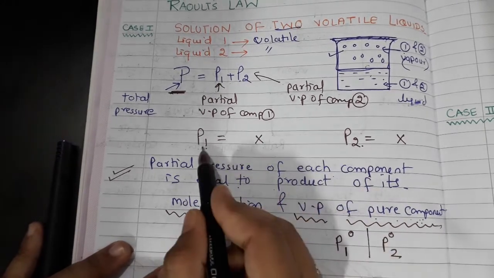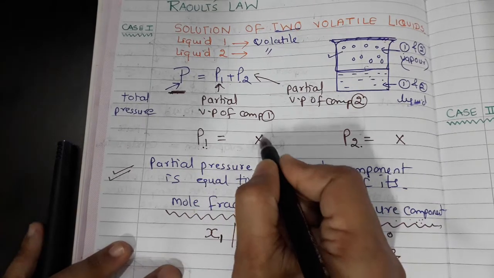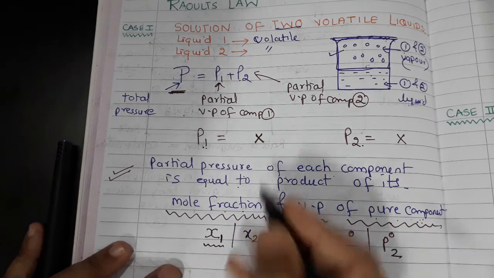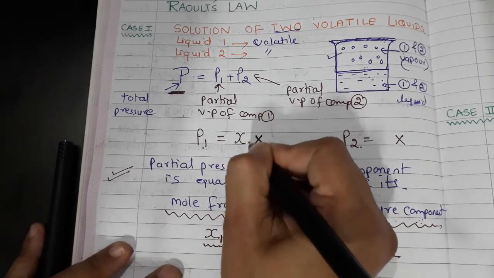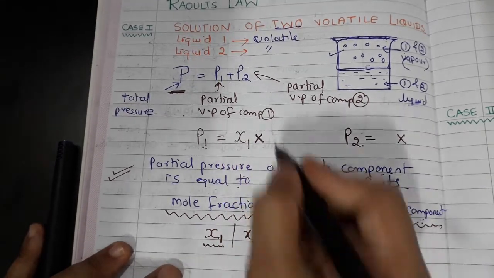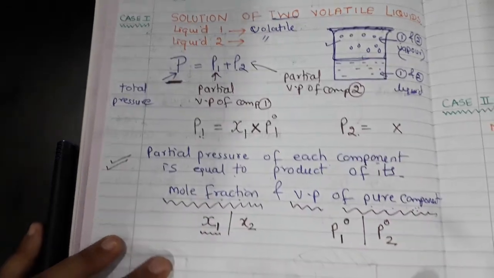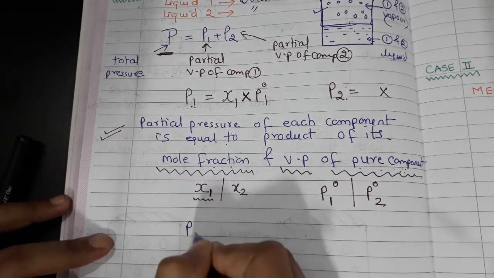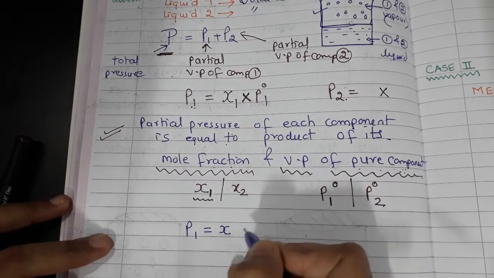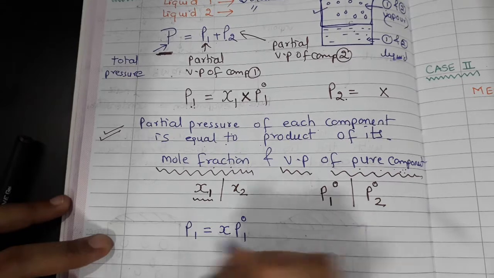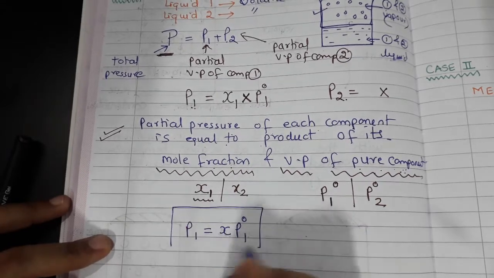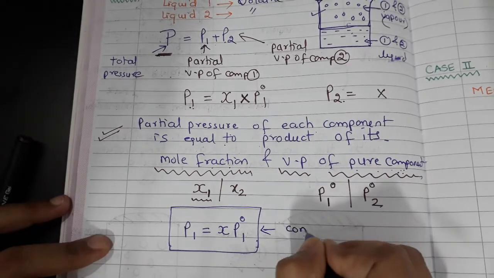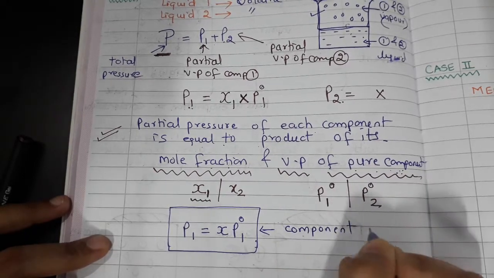If I have to write for P1, it is the product of mole fraction X1 multiplied by P naught 1. So I write this expression as P1 is equal to X1 P naught 1. So this is the Raoult's law given for component 1. We have applied it to component 1.